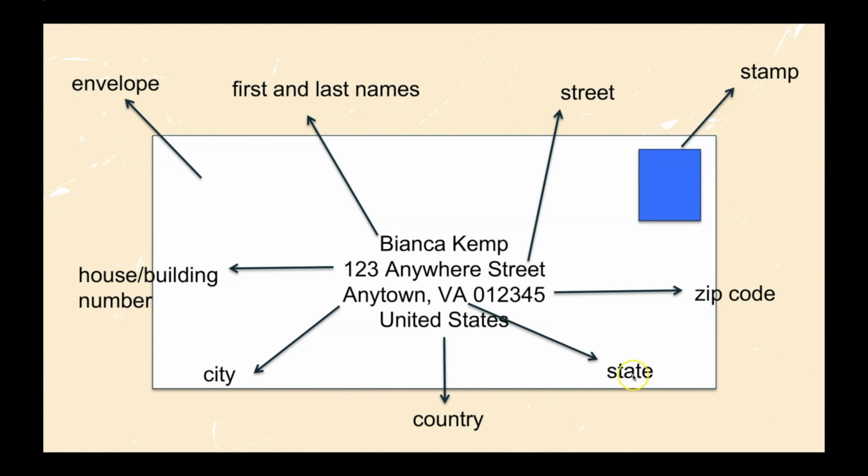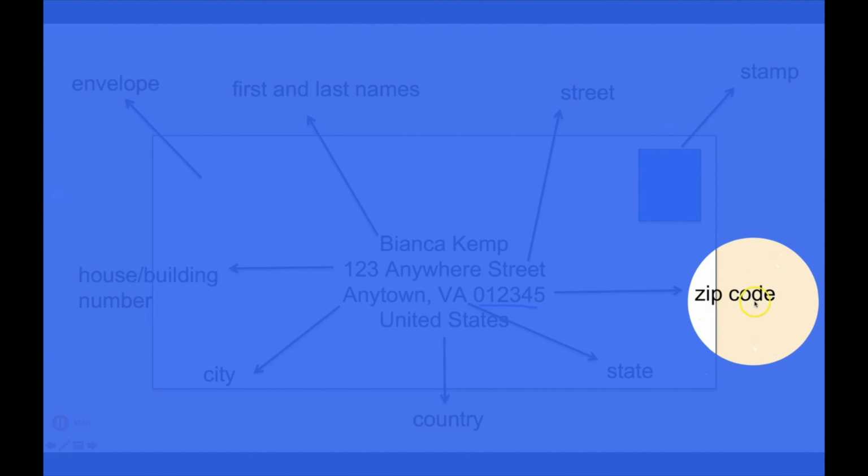So again, here we have our first and last names, then we have the house or building number, then the street, then we come down here and we have our city, then a little guy called a comma, and then our 2 capital letters for a state in the United States. And after that, we have what we call a zip code.